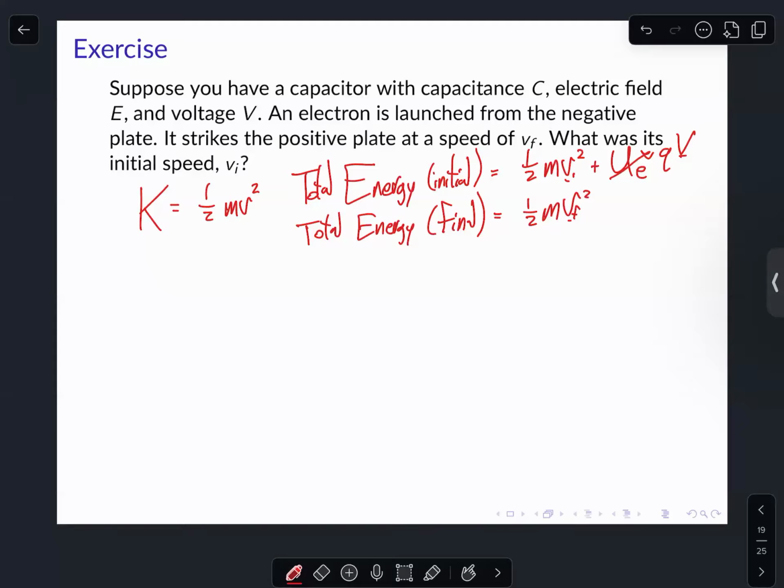If I have this equation, can I say that initial equals final and solve for initial? Ready, set, go. This is Google question E. Can you set these equal and solve for V initial?